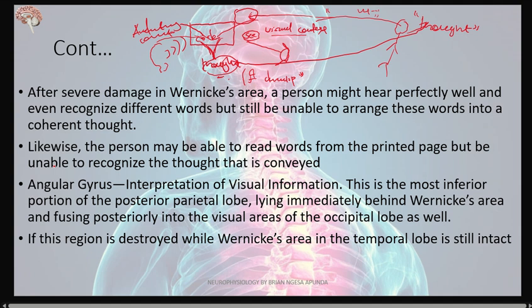If only the angular region is affected, this individual might be able to comprehend words by hearing and understand what you are suggesting. But if you give them written information, they will not understand, because there is some occlusion at the angular region. This is just to understand the important area.